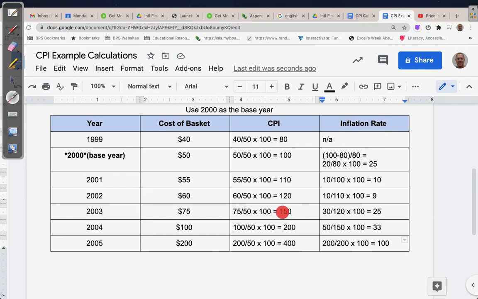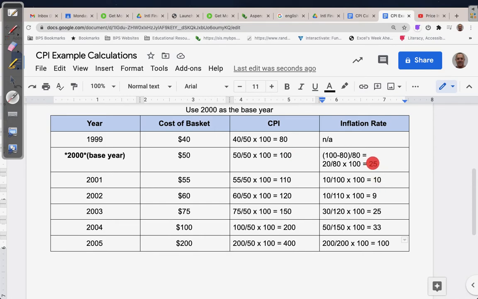What I can say is in 2003, prices are 50% higher than they were in the base year. And in 2004, prices are 100% higher than they were in the base year. In 2002, prices were 20% higher than they were in the base year. Here's how you read these numbers.